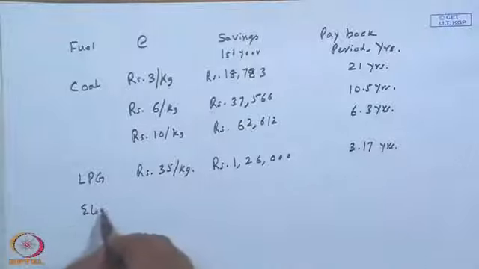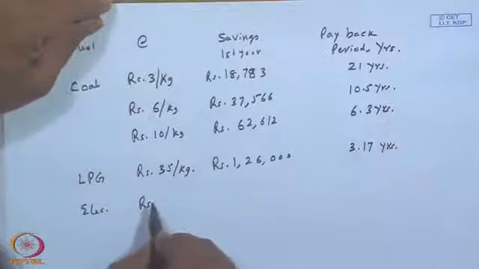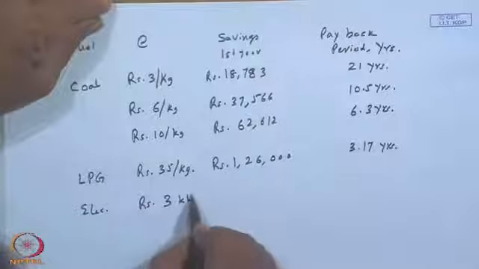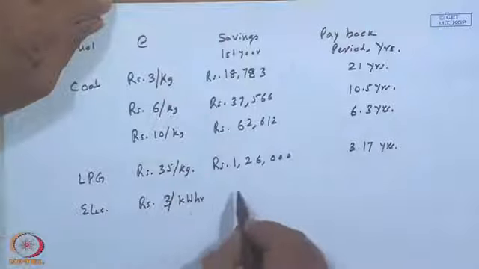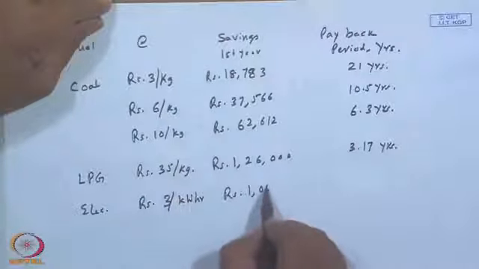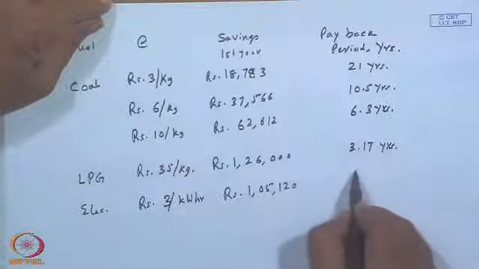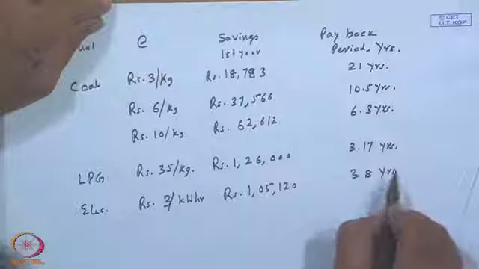Electricity, this is where we had a little bit of confusion. If you take the lowest spectrum, Rs 3 per kilowatt hour, this comes to Rs 105,120, which is 3.8 years.